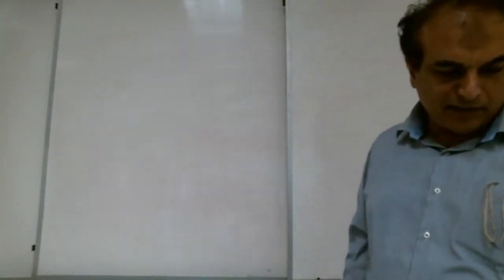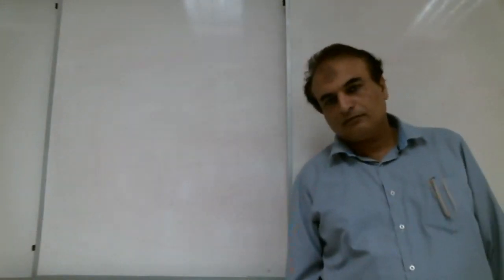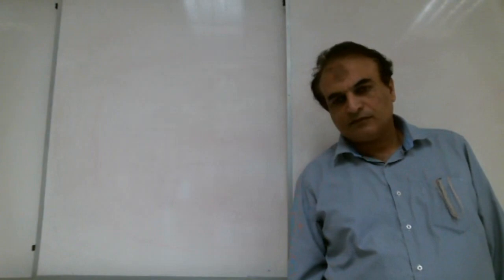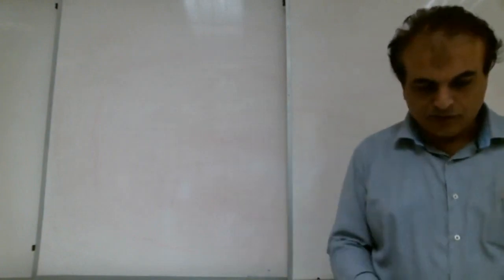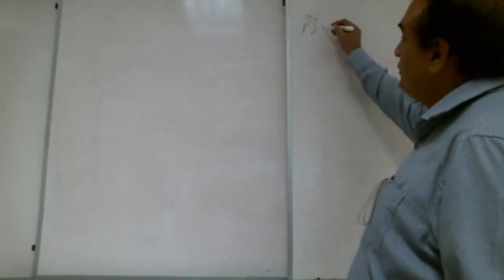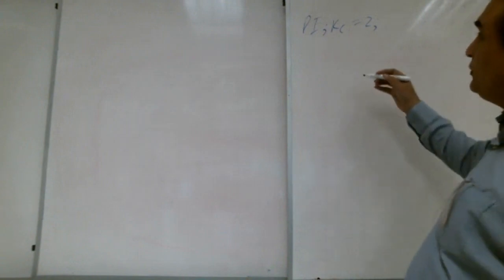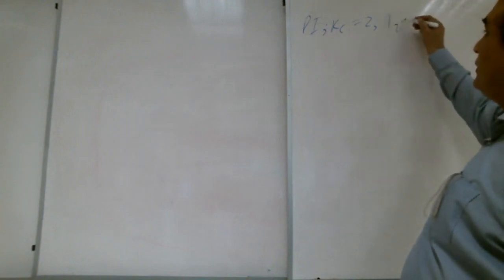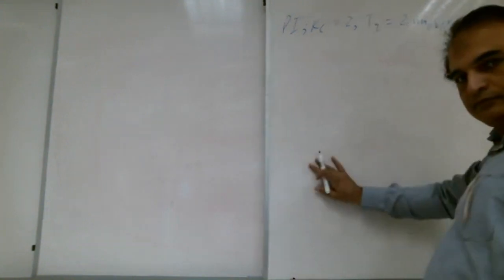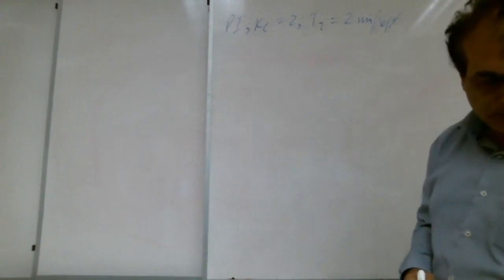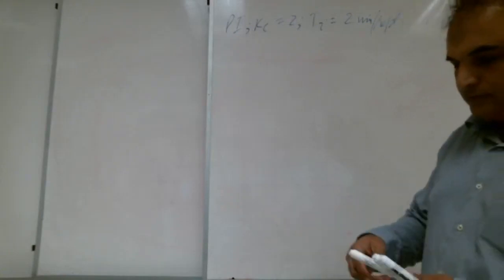In testing a PI controller with a proportional gain of 2 and an integral time of 2 minutes per repeat, a constant error of 4% is applied.